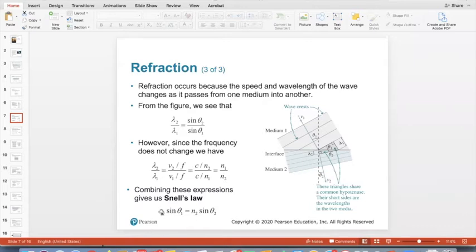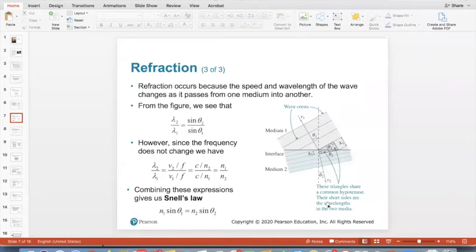We have the index of refraction and the angle from the normal, and then similarly on the other side. We're usually looking for theta 2. So we're usually given both indices of refraction, given our angle of incidence, and we're looking for our angle of refraction.